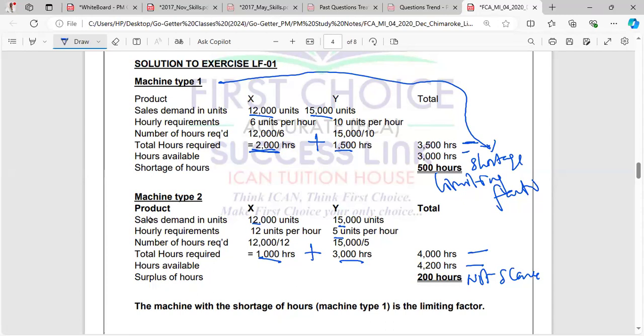So you need to practice and practice so that you will increase your speed so that you can solve 5 questions within 3 hours. So I've linked it now to our exams. Limiting factor is anything that gives you scarcity of what is required.